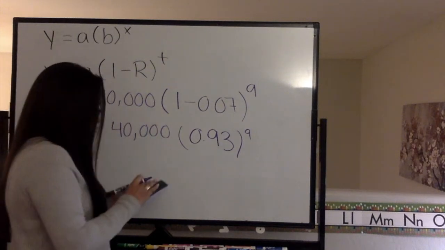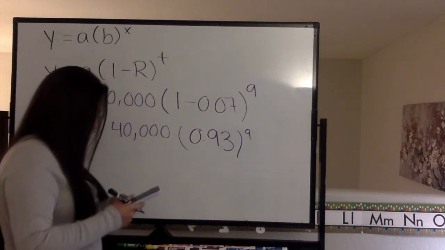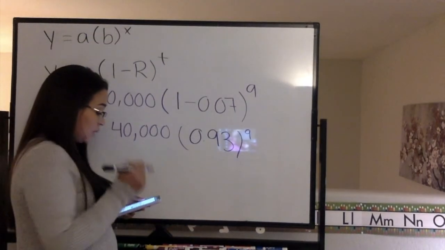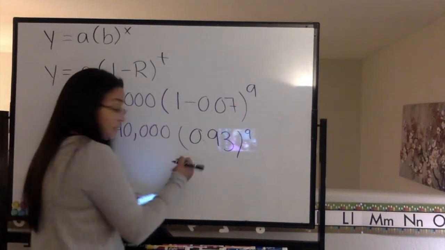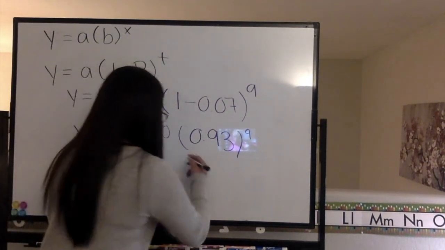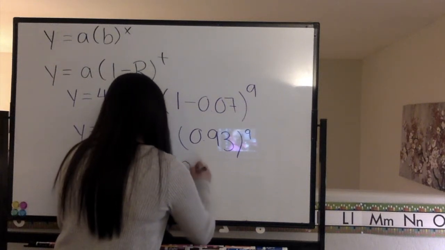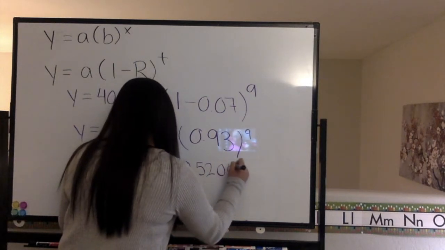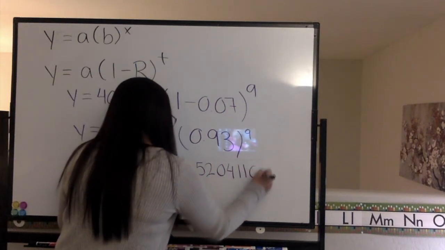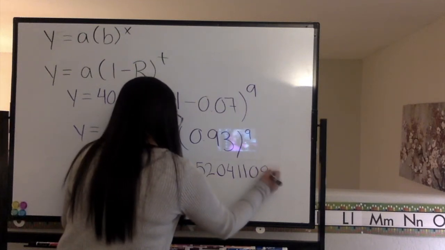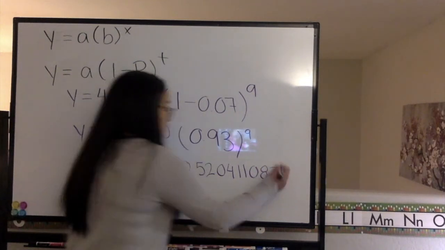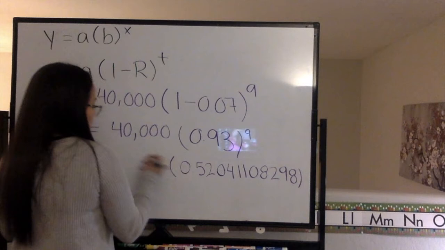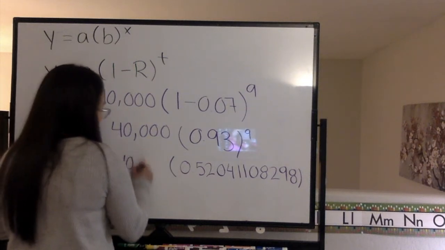Now, 0.93 to the 9th power is equal to, which gives us a very large decimal, which is 0.52041108298. And that is going to be multiplied by 40,000.